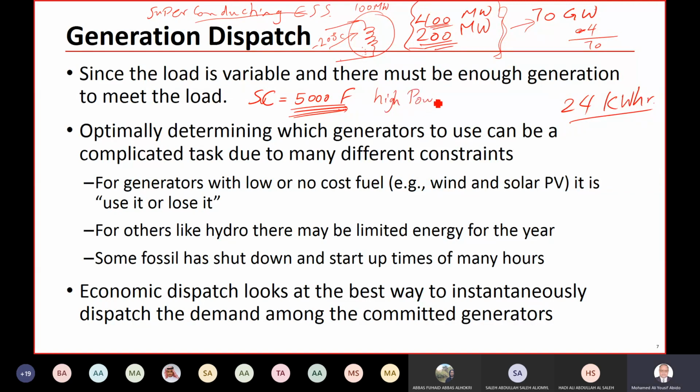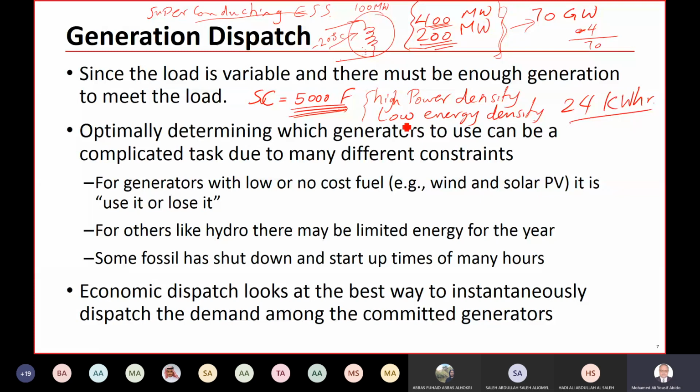Now this supercapacitor has high power density and low energy density. This is opposite to the battery, which has high energy density but low power density. What does that mean? The capacitor could give you high power but in a very short time.